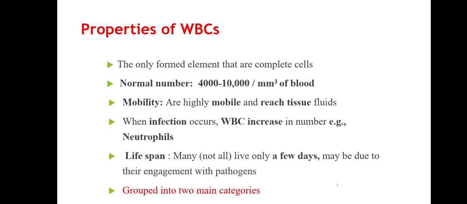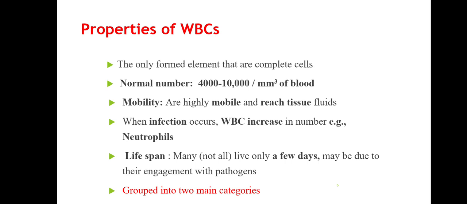The red blood cells as well as platelets, these are incomplete cells. Why? Because they lack some important cell organelles for their survival. But these white blood cells, they have all organelles, the nucleus, the mitochondria, the cell membrane, everything that this particular cell needs to survive. Hence, we are going to call them complete cells. I hope that makes sense.